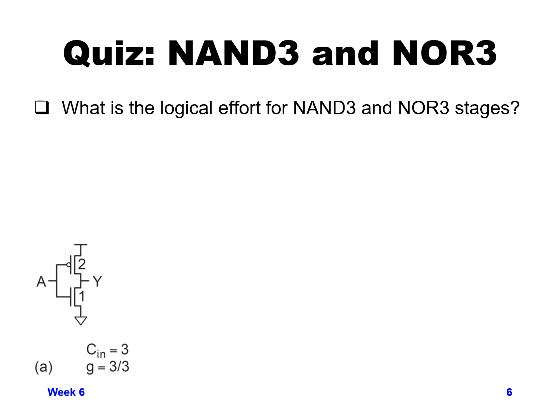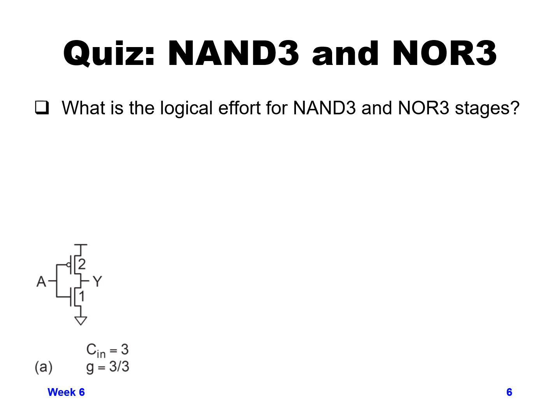Okay, quiz time. Let's do a quick test here so that you can test out the information that you've just gotten. We want to figure out what is the logical effort for a NAND 3 and a NOR 3 stage. Since we just went through NAND 2 and NOR 2, let's practice with NAND 3 and NOR 3.